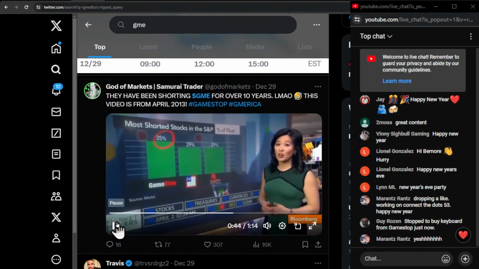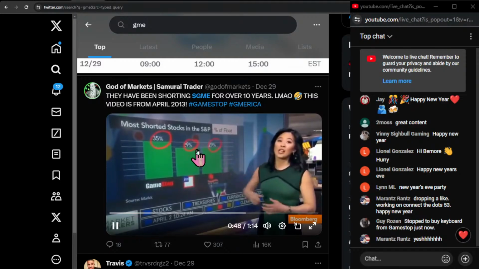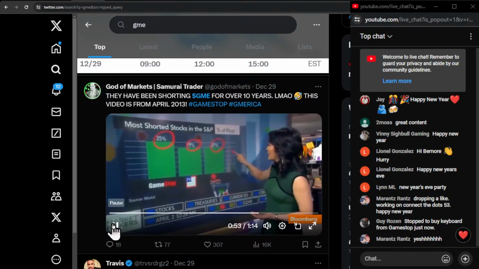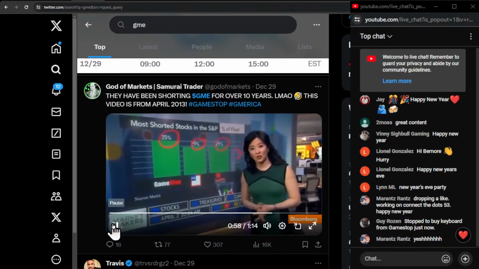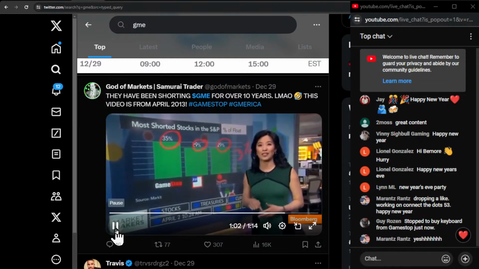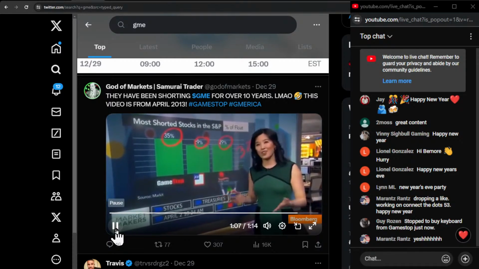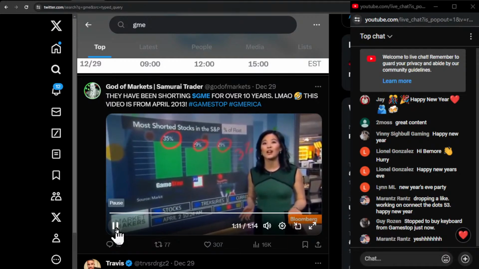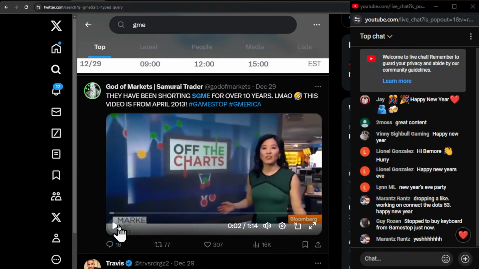JCPenney and First Solar are the next most shorted companies. 29% of their float right now is on loan to short sellers. The average for the S&P 500 as a whole, by the way, less than 3%. Unlike GameStop, both Penny and First Solar have actually rewarded the skeptics because JCPenney is down 24% this year. First Solar, meantime, has lost 13%. GameStop, on the other hand, is up 19% in 2013, making it expensive for short sellers to hold on as their trade goes against them. It's been a painful ride for investors.